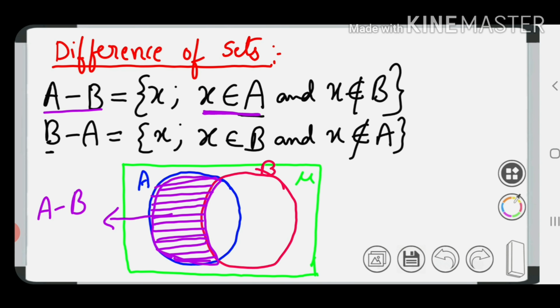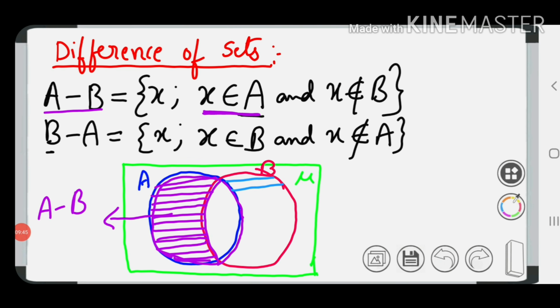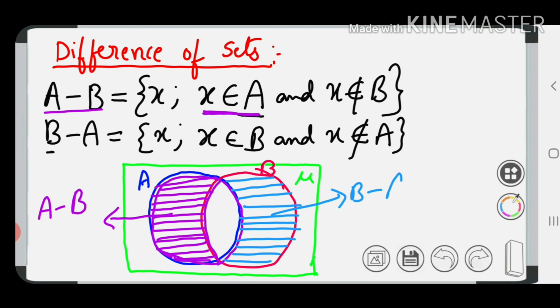And come to B minus A. B minus A means we have to take such area that belongs to B only, not touching A. So without this area we have to shade. Then B minus A means we get this area. This is A minus B portion, this is B minus A portion, and we know that this middle portion is A intersection B.